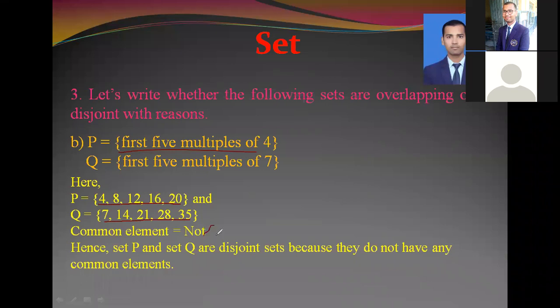Hence set P and set Q are disjoint sets because they do not have any common elements.